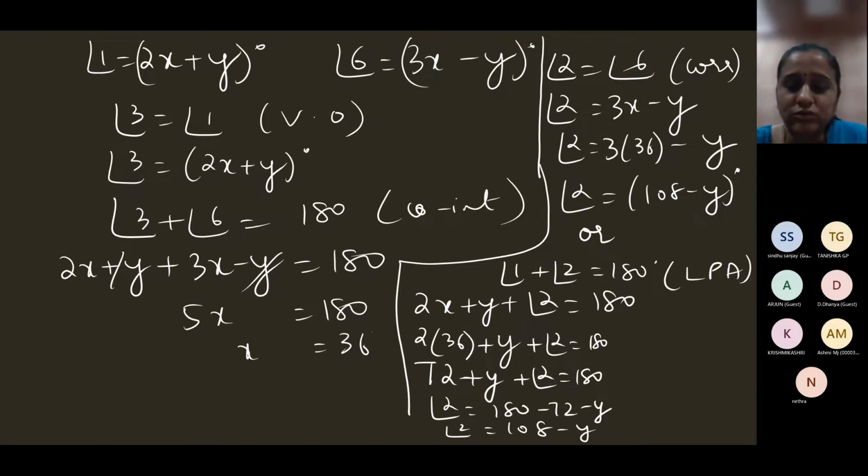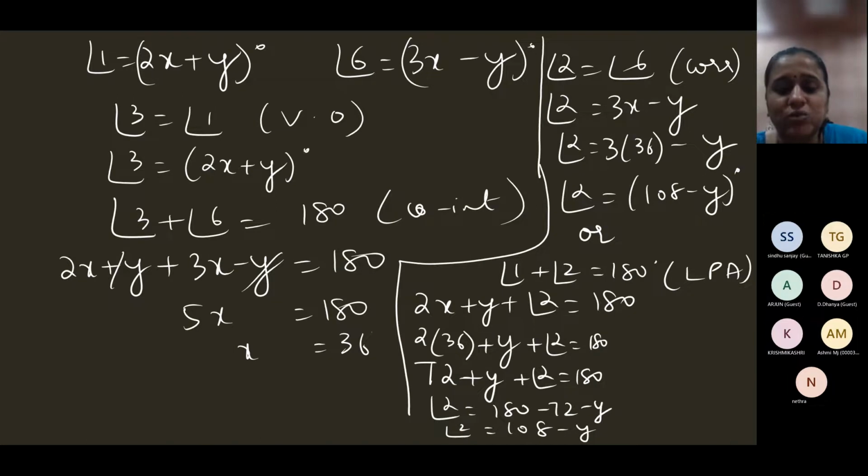I'll read it out for you. Angle 1 plus angle 2 is equal to 180, linear pair axiom. Why are we writing this? Because we have to find angle 2 in terms of y. Then what is angle 1? 2x plus y, plus angle 2 is equal to 180. Write angle 2 as it is, we have to find angle 2 only. Now 2x plus y means 2 into 36 plus y, plus angle 2 is equal to 180.